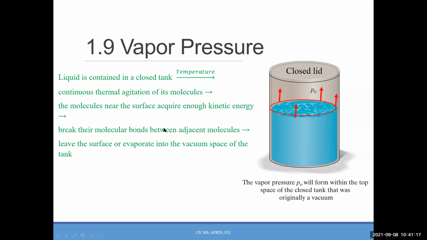So if you apply temperature, they will have enough energy to break the bonds between adjacent molecules, and they will leave the surface or evaporate into the vacuum space in the tank. Now the top part is already closed, so they can't go anywhere. What will happen?